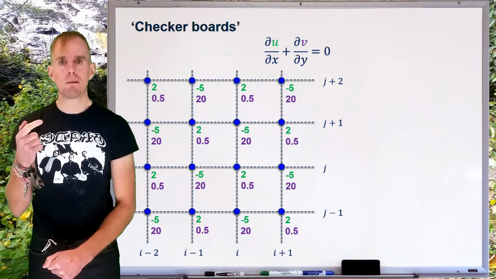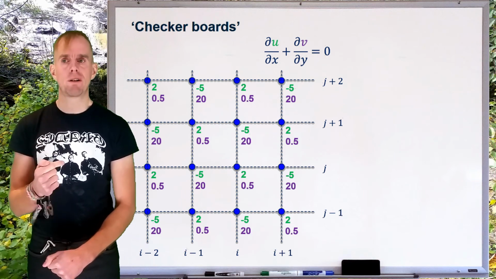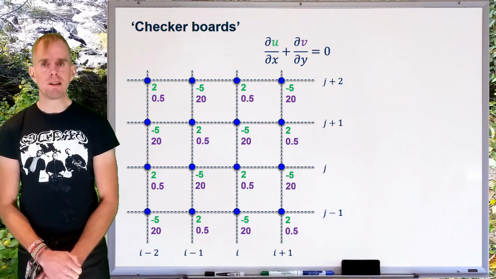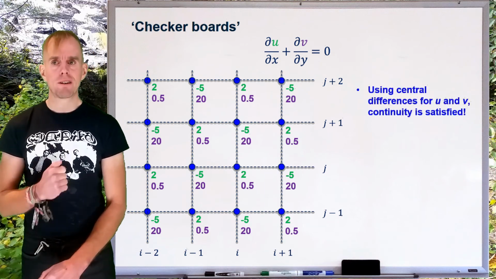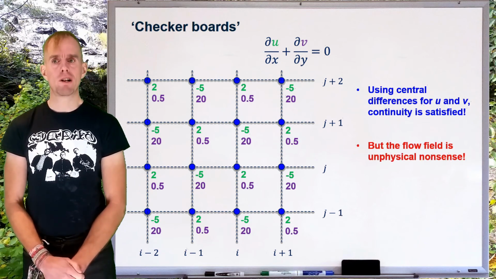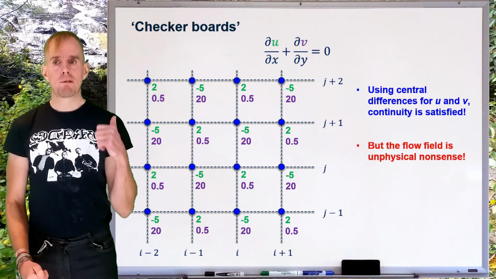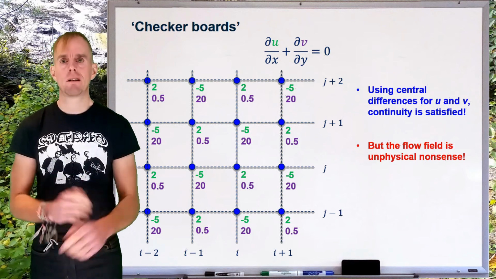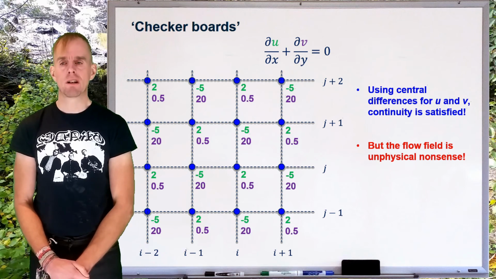We've got 20, 5, 20, 5. Again, it's an alternating pattern. So this alternating pattern will give us the correct result for evaluating the continuity equation. But it's absolutely non-physical. You're never going to have an alternating pattern of velocities like this in nature.